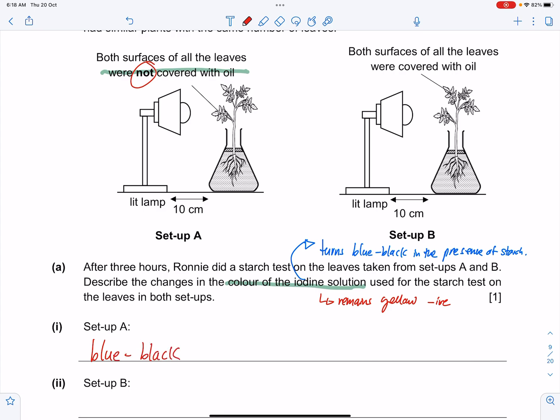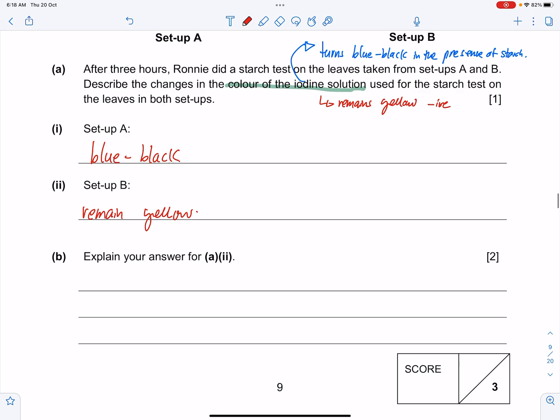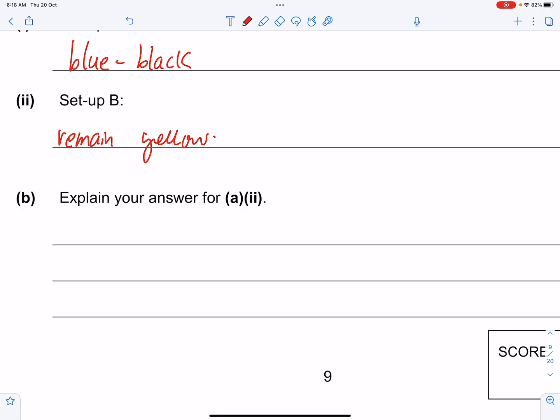And then for setup B, okay, it will actually remain yellow. So then explain your answer. So I think I've already explained it. Let's translate it into an answer. So the first thing to say is that we need to explain for B, because they're asking for B. So be careful not to explain for A.